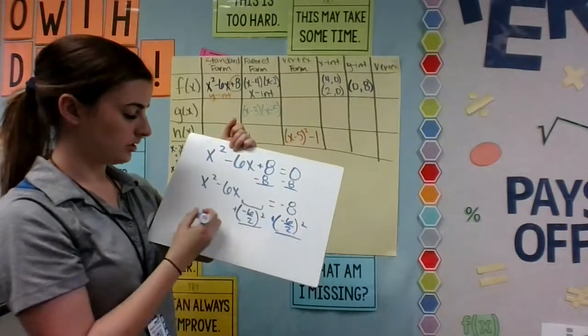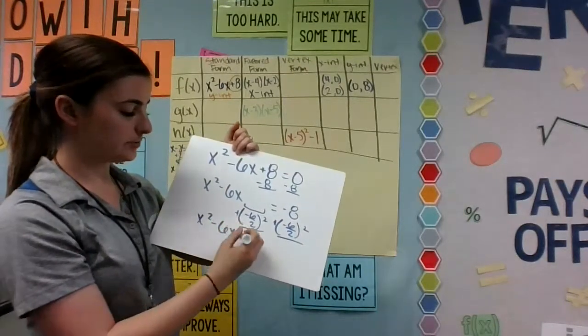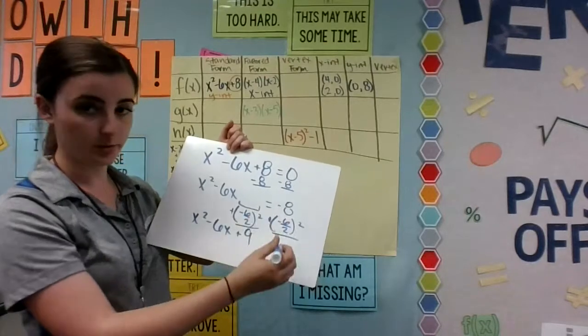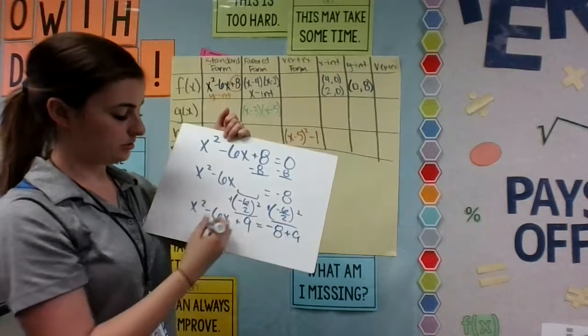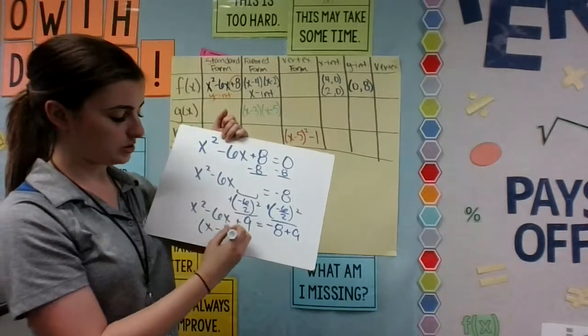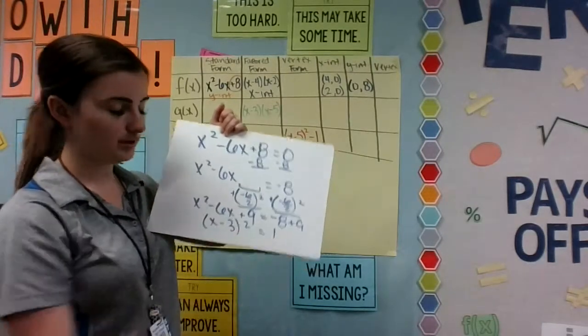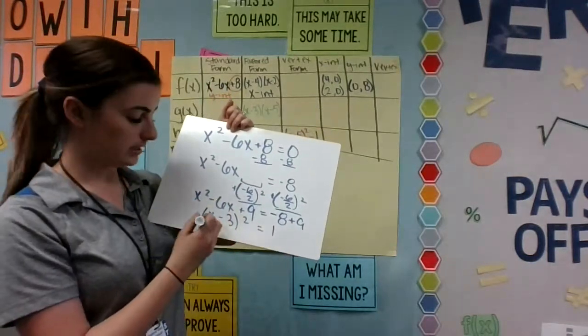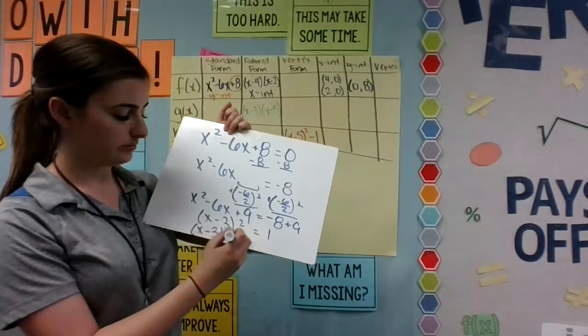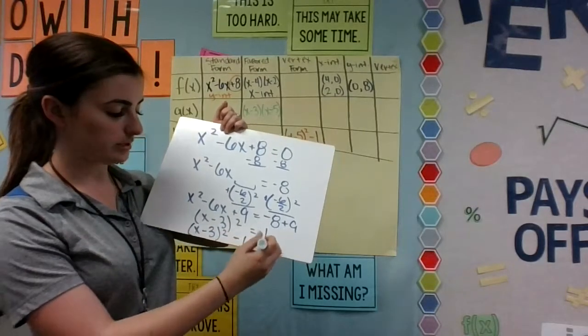Okay. So x squared minus 6x plus 9, negative 3 squared is 9, equals negative 8 plus 9. So this guy here will be x minus 3 squared equals 1. Negative 8 plus 9 is 1. And then I got to subtract that 1 over to get it into vertex form. Minus 1 equals 0.